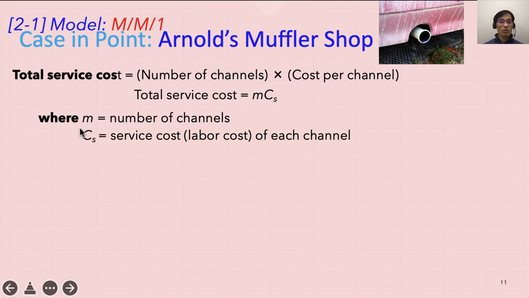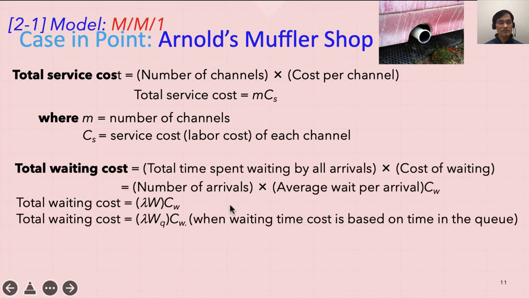And we have M. M is a number of channels, and in our case, we have only one channel, so M is 1. And CS is service cost of each channel. So how much does it cost to have the line running? In this case, you are hiring one person to work for your line, and how much do you pay for it, right? So that's going to be your service cost.